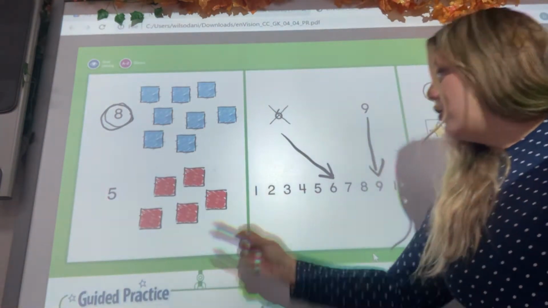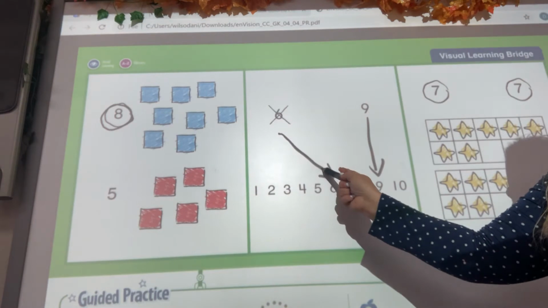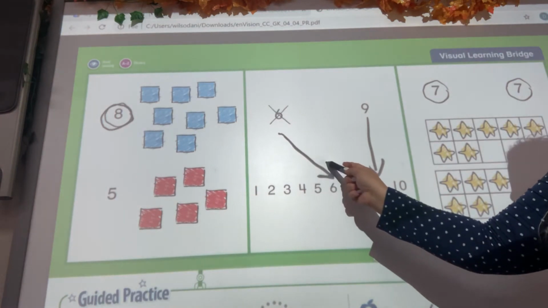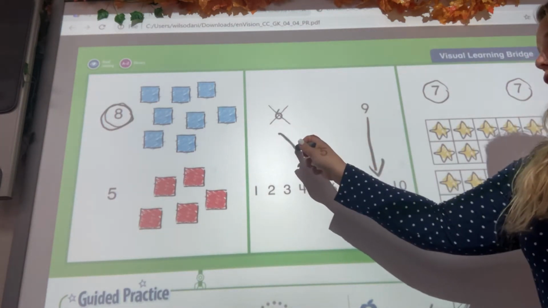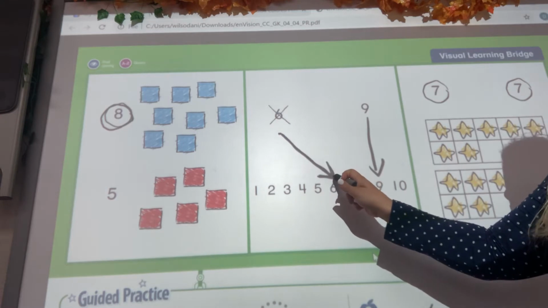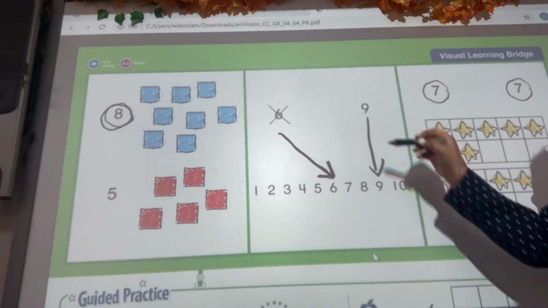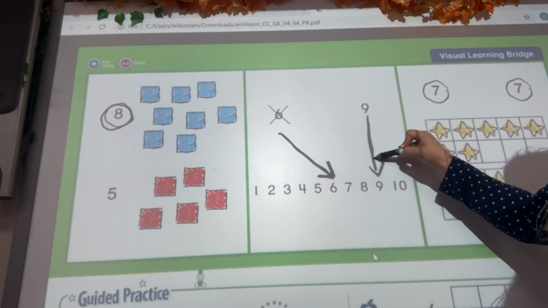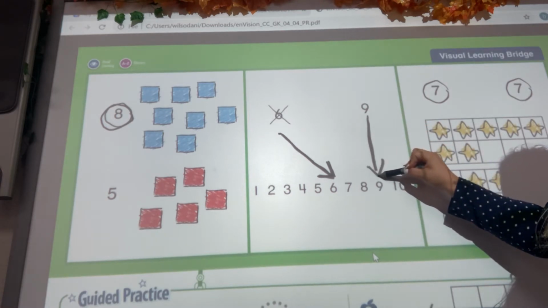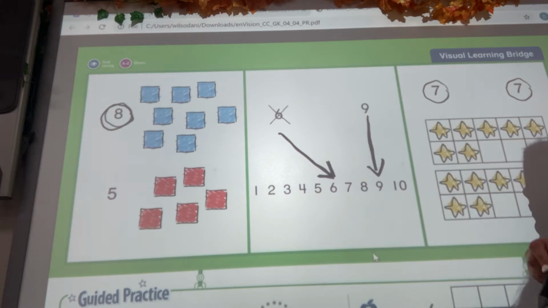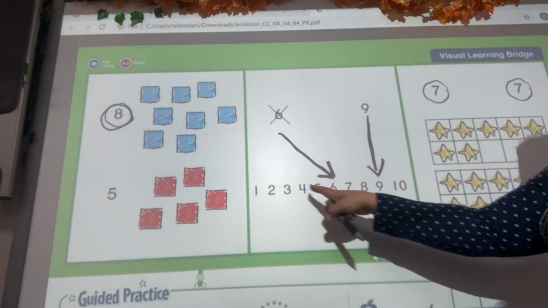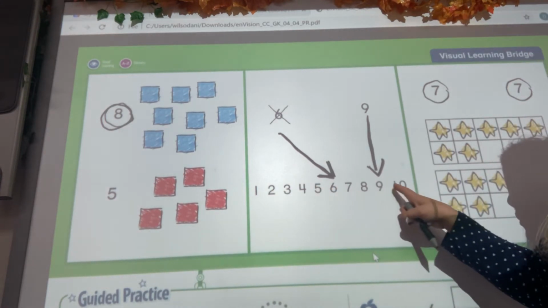I found 6 on the number line by drawing an arrow. I draw an arrow by doing a line and then just a little mark and a mark. Then I drew an arrow to the number 9, a line and a mark and a mark. Which one is more?